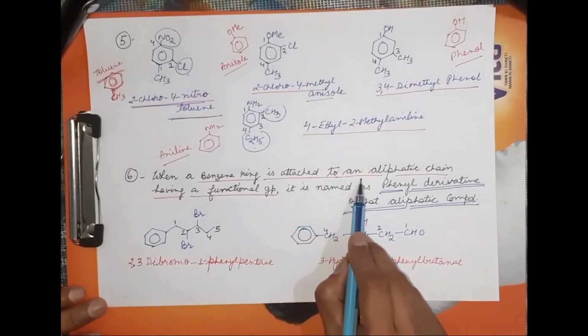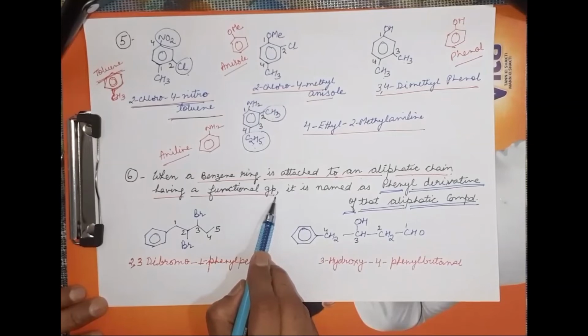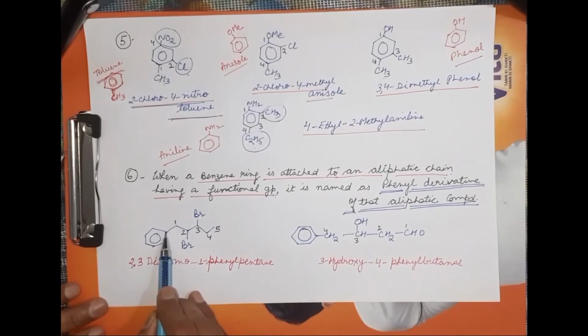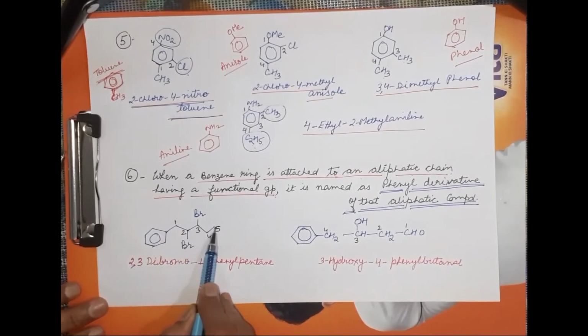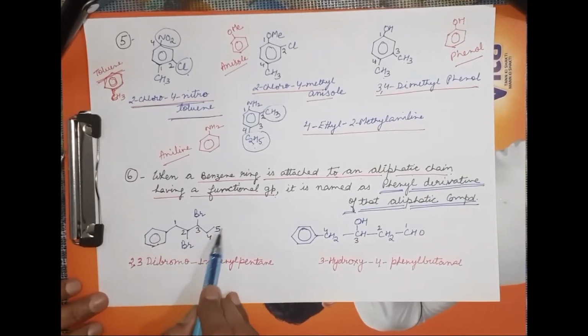Moving further, another situation can be where a benzene ring is attached to an aliphatic chain having a functional group. This is the example. Here we can see this is the aliphatic chain, and one benzene ring is attached to this aliphatic chain, which has the functional group.